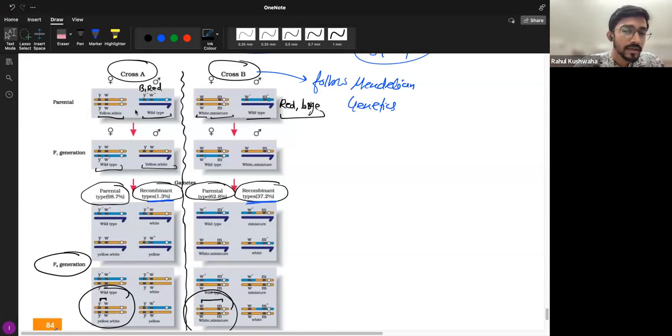Around 1910 or 1911 was the time when Alfred Sturtevant figured out the map for genes. That's called genetic mapping. So Alfred Sturtevant did genetic mapping for the first time. But the crosses shown here, cross A and cross B, were first done and figured out by Thomas Hunt Morgan, where linkage was discovered.